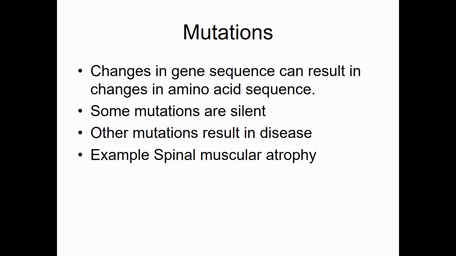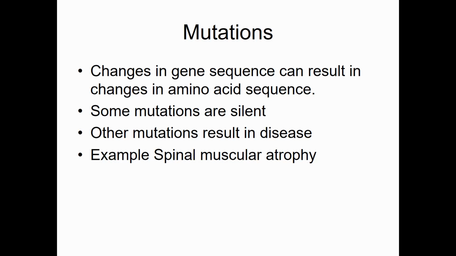So the sequence of those groups of 3 nucleotides determines what amino acid gets put in there. So if there's a mistake in the gene sequence, you could put in a different amino acid.